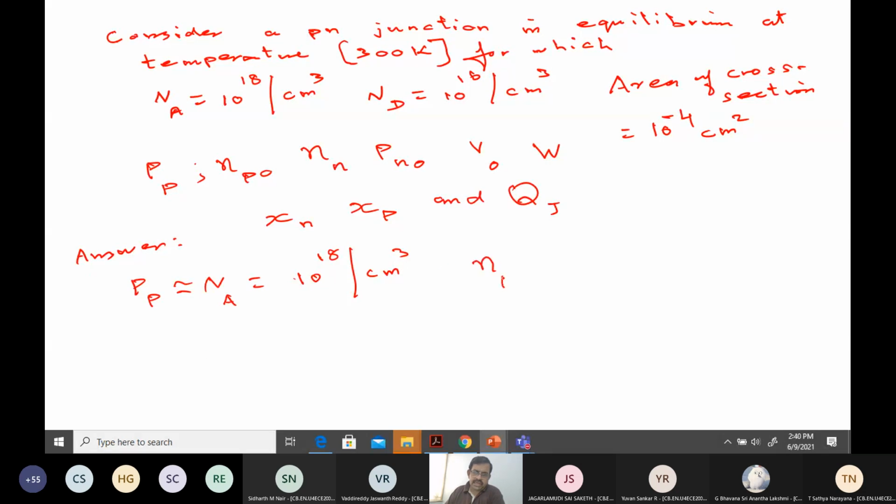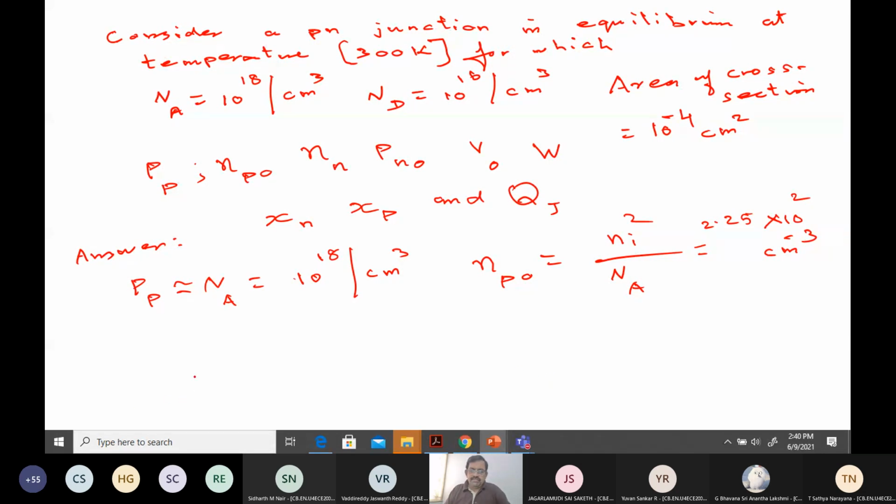NP naught you can calculate by Ni square by Na, which means you will get 2.25 into 10 power 20 divided by 10 power 18. So you will get 10 power 2 per centimeter cube. Okay, so that is the answer.